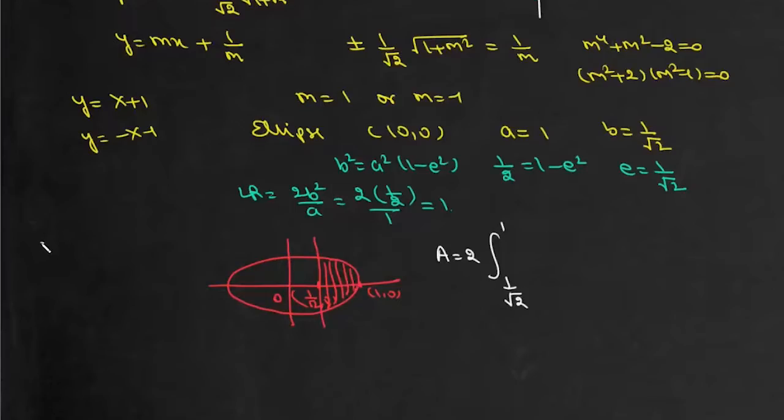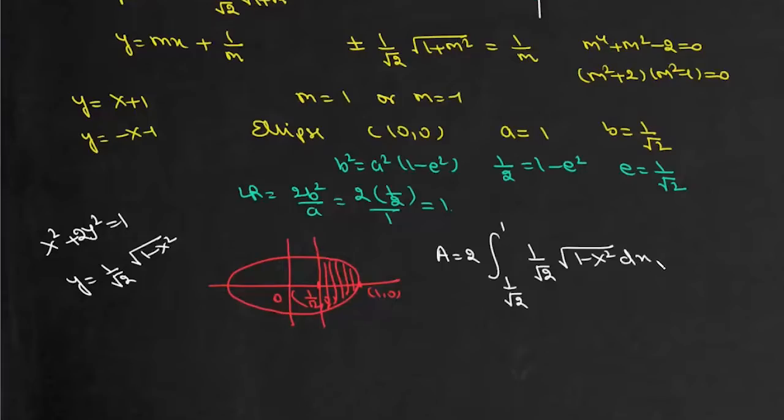Equation of this ellipse is x square plus 2y square equals 1. So value of y is 1 by root 2 under root 1 minus x square. So it will be this 1 by root 2 into under root of 1 minus x square dx.